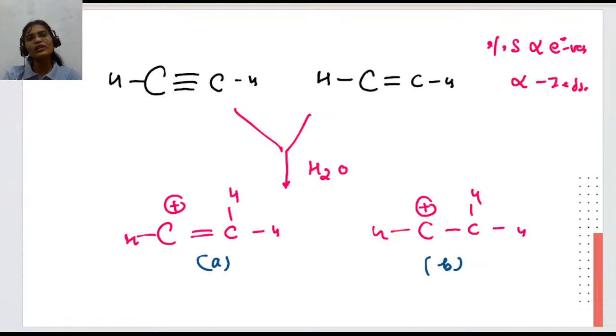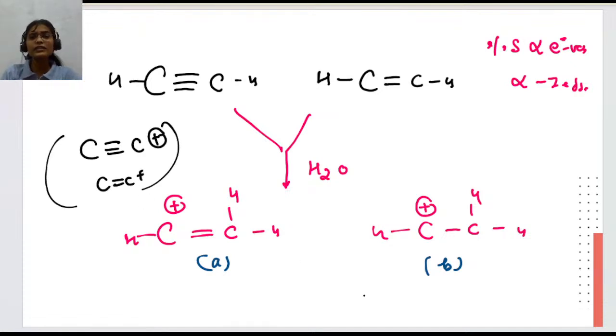And we know very well that a positive charge is an electron-deficient intermediate. Then how is it possible for a positive charge to stabilize on a double bond? A carbocation directly on a triple-bonded or double-bonded carbon is really unstable. This kind of carbocation is really, really unstable.